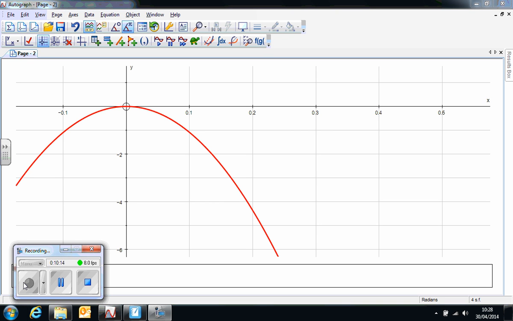So here's the plot. Remember we said the initial conditions were that when t equals 0, x equals 0, so in other words it's starting at the origin, which it is, and then the initial velocity was minus 2. It's difficult to see without zooming right in, but the initial velocity is minus 2 on that one. So there's our solution.